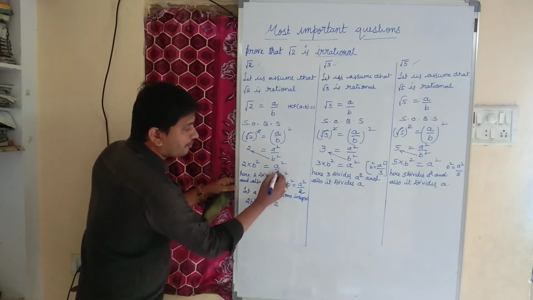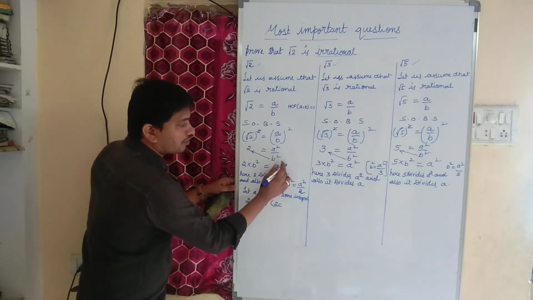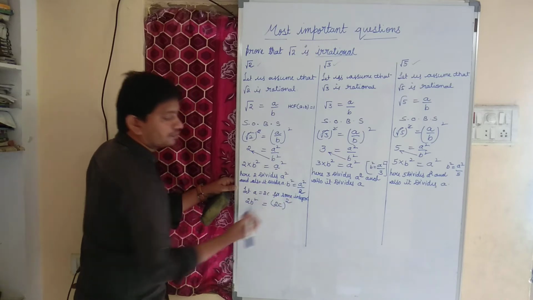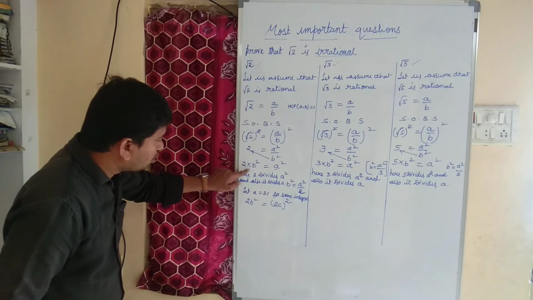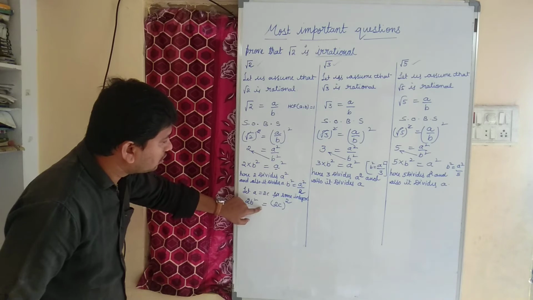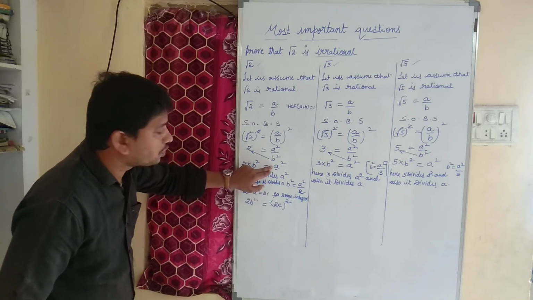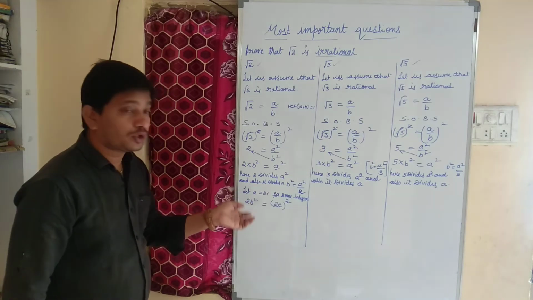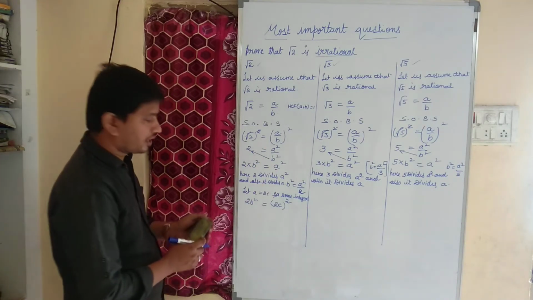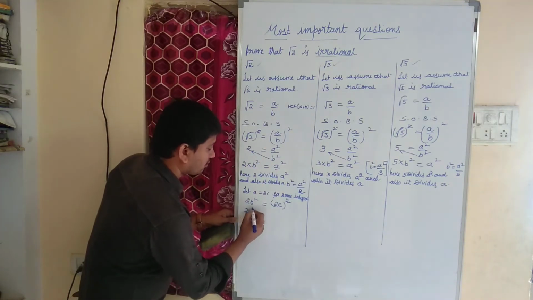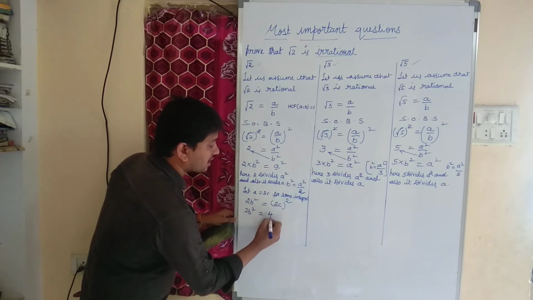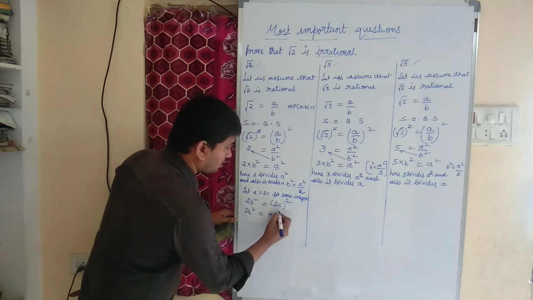I mean 2c, already we have power 2. 2b square equal to 2c whole square. Right? So 2b square equal to 2 square, in the sense 4, c square.